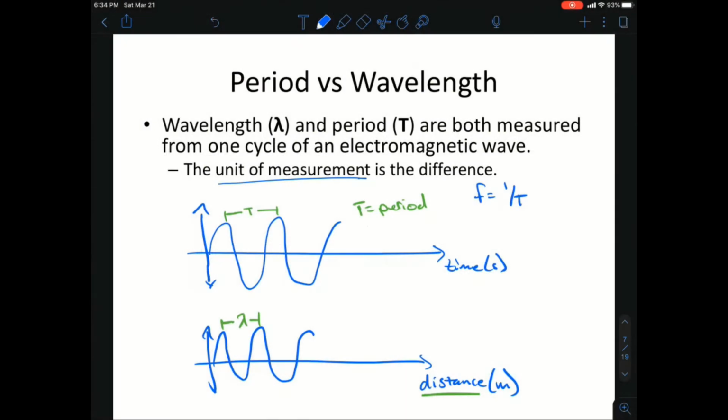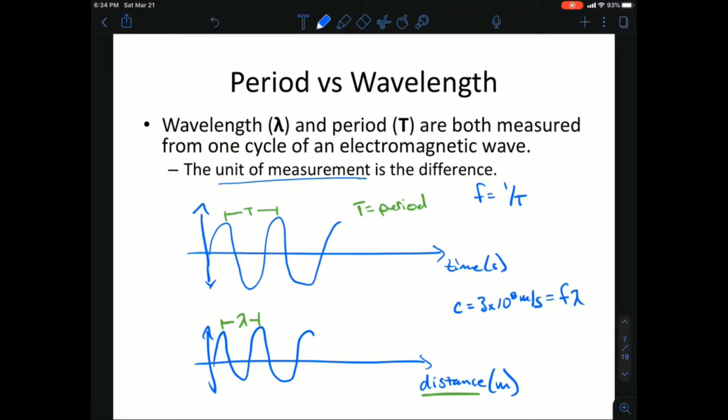And then over here, for lambda from wavelength, we can say that c, the speed of light, which is 3 times 10 to the 8th meters per second, equals frequency times wavelength. So these are physical means for us to convert back and forth from those values, wavelength and period, to find frequency, which we can use later on.